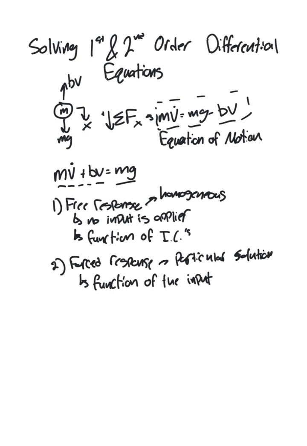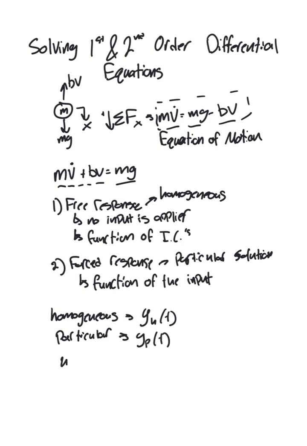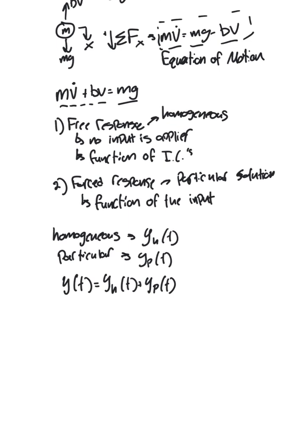So the way that we denote this is the homogeneous solution, I'll just call y sub h of t, and the particular solution will be y sub p of t. And then the full solution, y of t, is the homogeneous solution plus the particular solution.